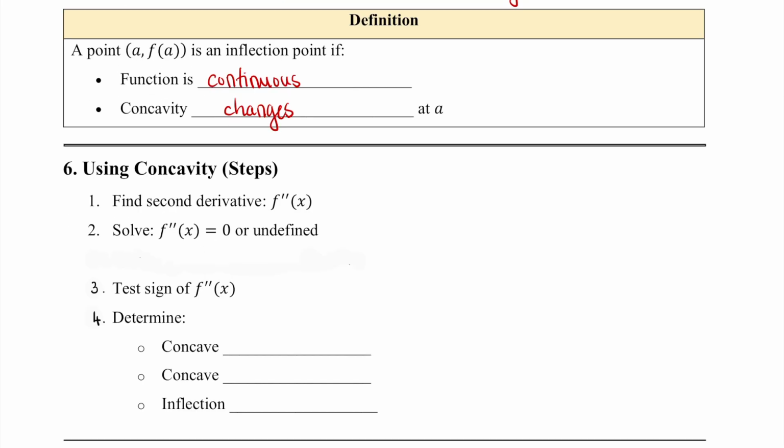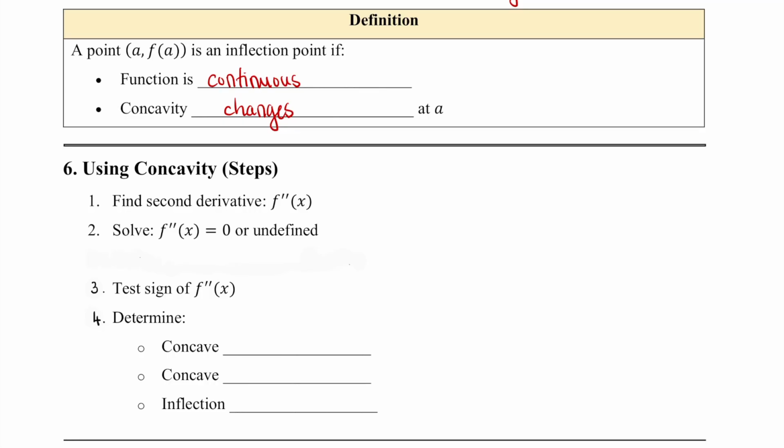Now, let's go through a step-by-step process for using concavity to find this information. Step 1, find the second derivative f double prime. Step 2, find the values of x where the second derivative equals 0 or is undefined. These give us the possible points where concavity might change.